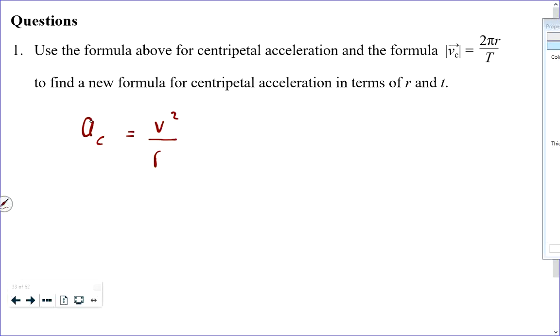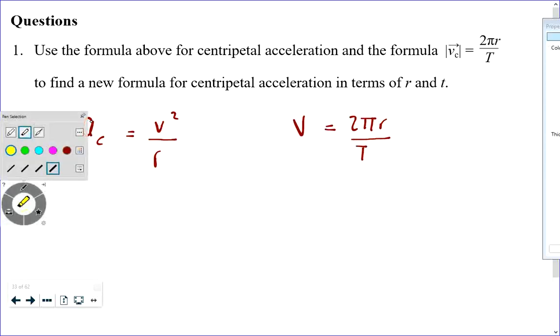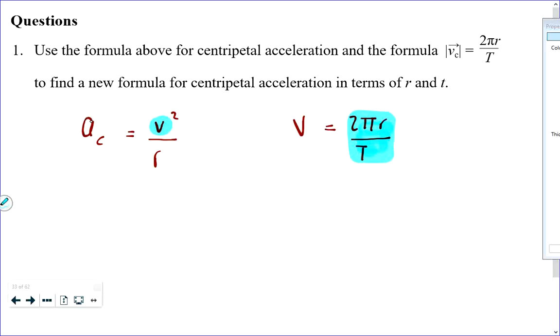But we also know that v equals 2 pi r over t. So I'm going to do an algebraic substitution. I'm going to take this and put it in here.